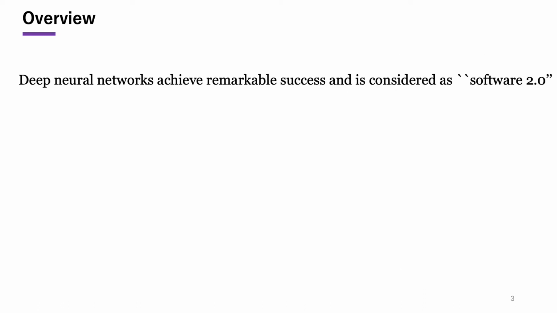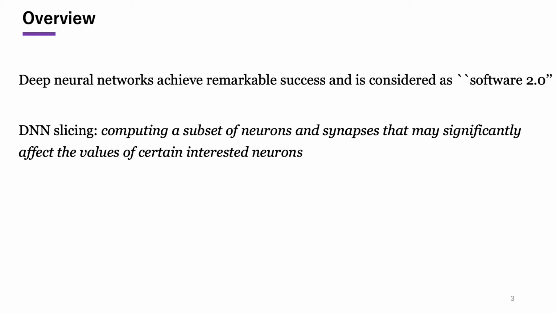In recent years, deep learning networks have achieved remarkable success in many applications. This technique redefines software and starts an era called Software 2.0. We apply the concept of program slicing to the area of DNNs and define DNN slicing as computing a subset of neurons and synapses that may significantly affect the values of certain interested neurons.